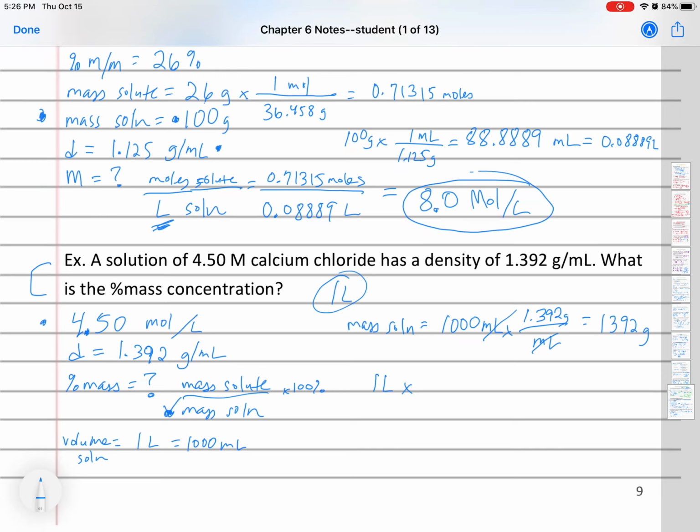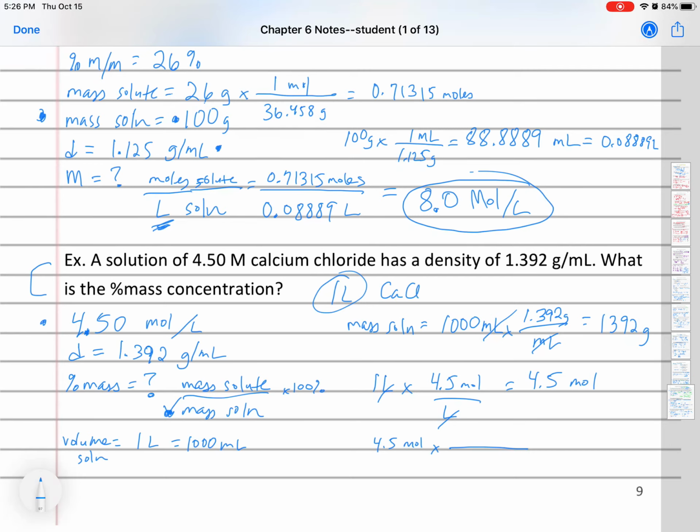We have 1 liter of solution, and we know that there's 4.5 moles in every liter of solution. So that means that we have 4.5 moles of our solute. And to figure out the mass of the solute, we're going to take that 4.5 moles and multiply it by the molar mass. What is our solute here? Our solute is calcium chloride.